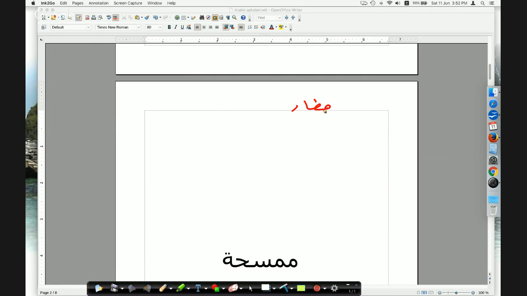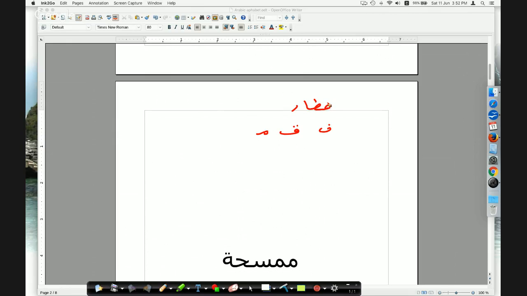Now the first letter is kind of confusing, because what is that? There are many possibilities. It can be fa with one dot, it can be qa with two dots, or maybe it is meem. If it's meem with no dots, that will make it matar. Matar means airport.